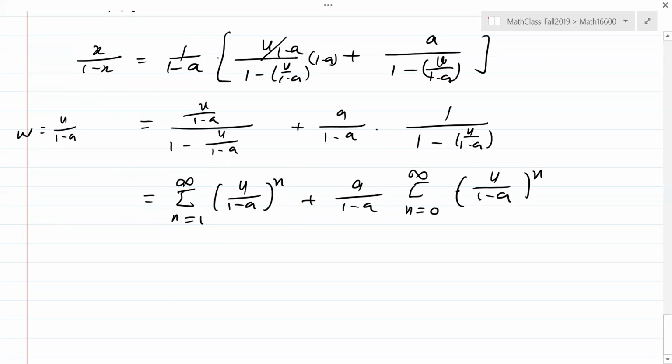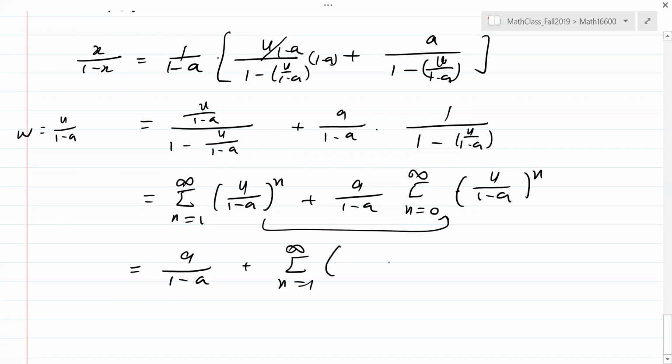You can ignore the first term. So the first one, when n equals 0, is just 1, so A over 1 minus A. Then I can combine those two terms, right? So it's going to be 1 plus A over 1 minus A, and this is u over 1 minus A to the nth power.